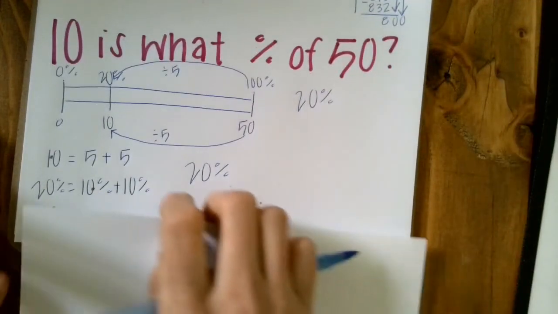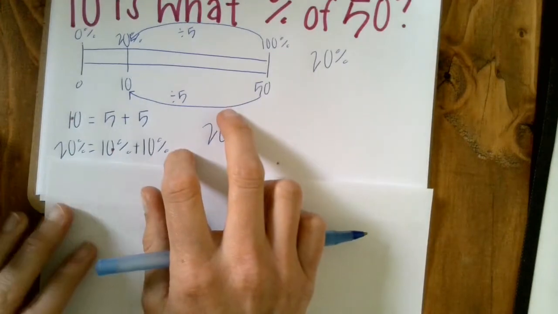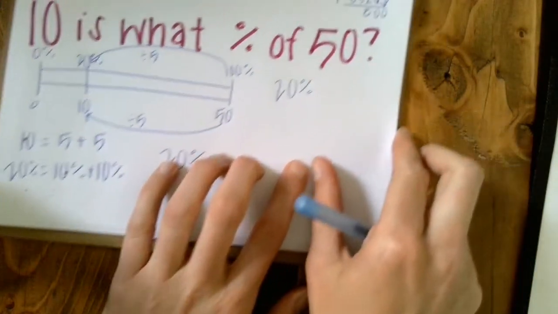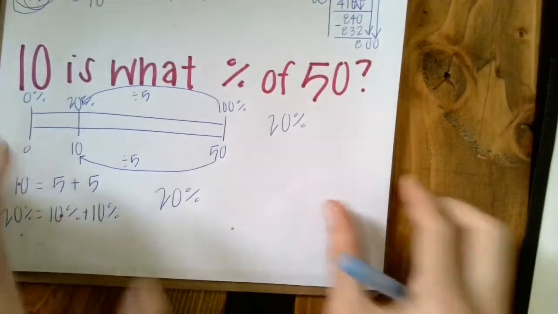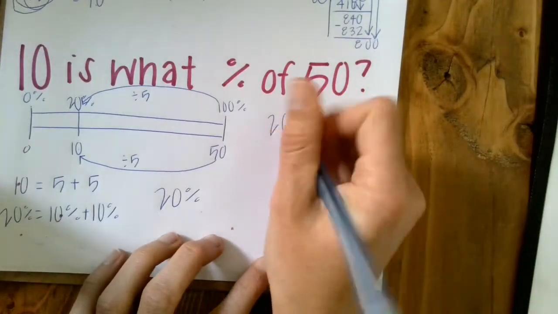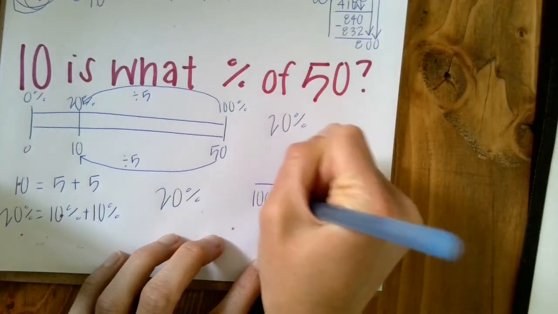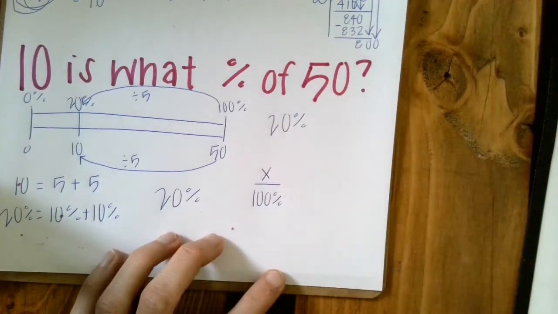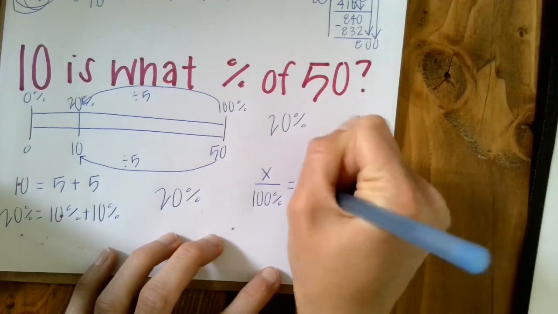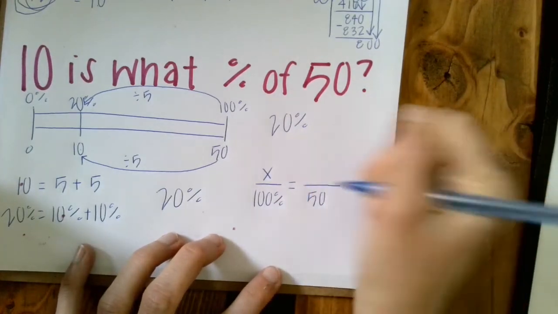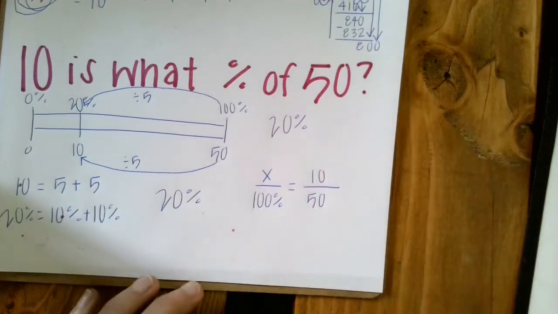And then finally, the third way to do it is I'm going to set it up as a ratio, and I'm actually going to do it in this space right here. So I'm going to set it up as blank over 100 because I don't know my percent equals 50 is my total and 10 is a portion that I have.